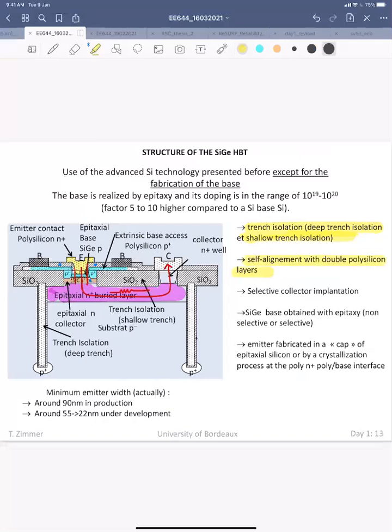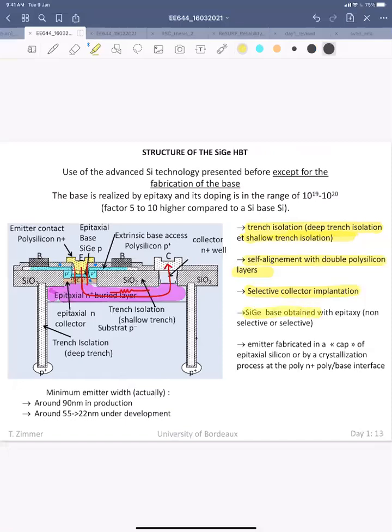We will not discuss the fabrication flow of a polysilicon emitter BJT. The collector implantation is selective, in the sense that, based on your requirement, whether you want higher BVCBO or lower BVCBO, you could implant your collector accordingly.